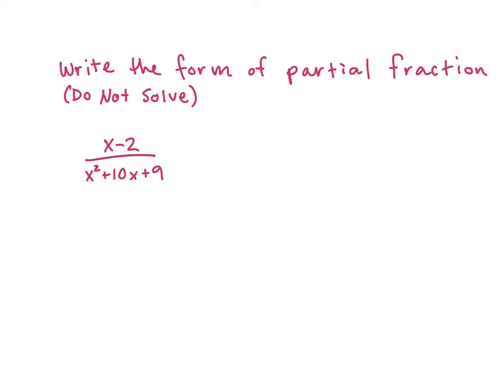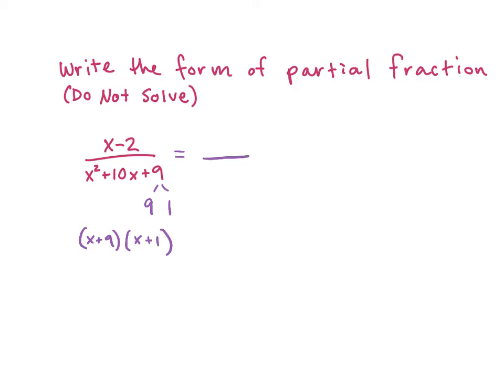So how do we factor x squared plus 10x plus 9? What are two factors of 9 that add to 10? 9 and 1. So how would we write that? X plus 9 and x plus 1.